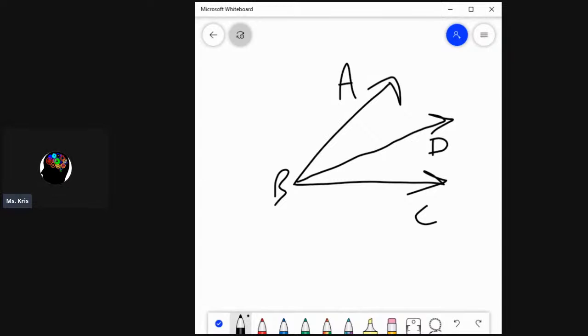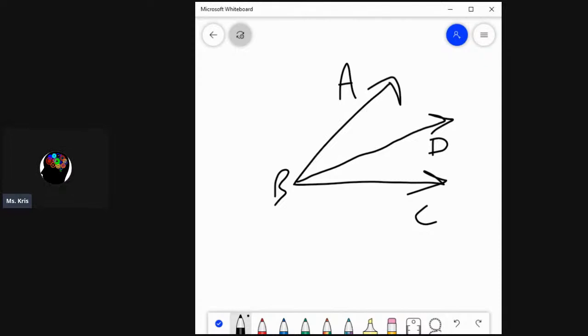So, since BD is between A and C, that means angle ABD is adjacent to angle DBC because they have the same shared side of BD, and a vertex or point of B.